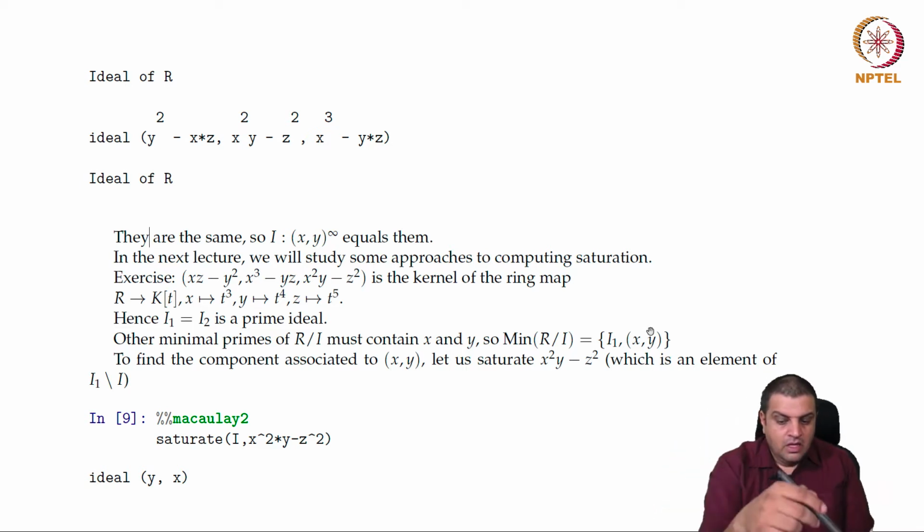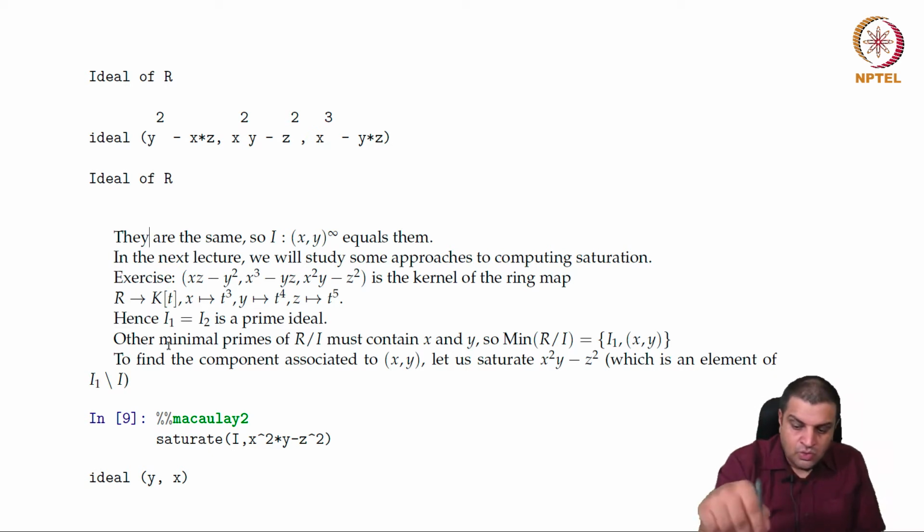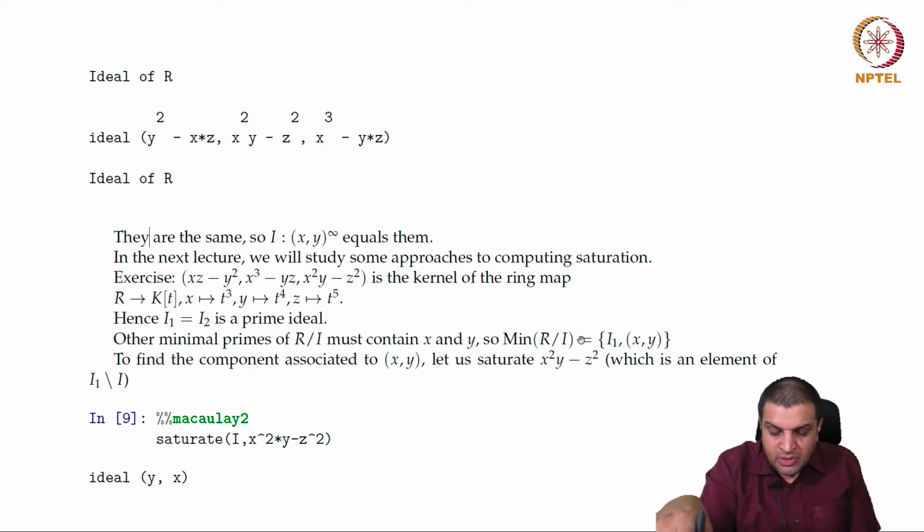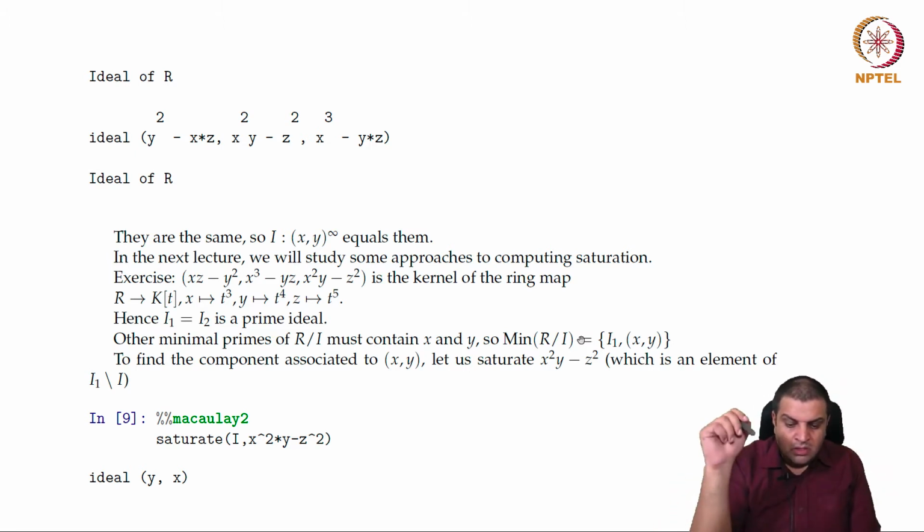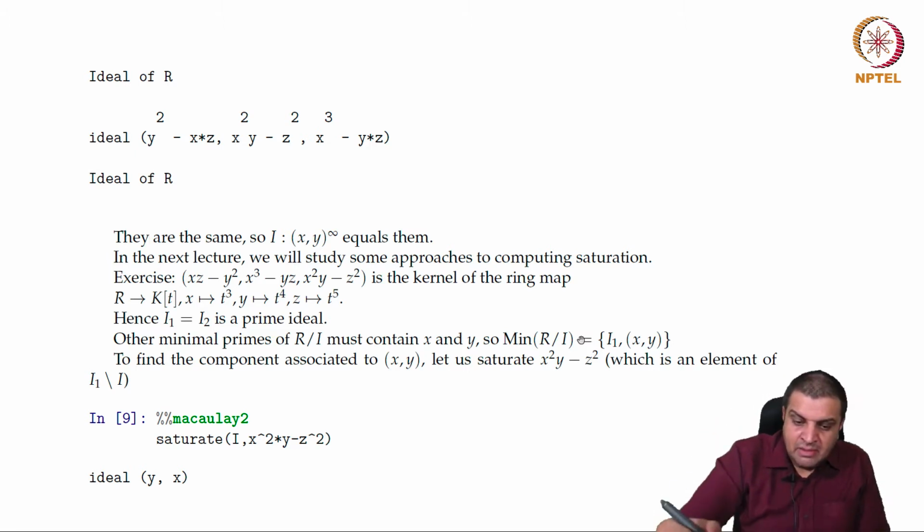Okay. So for the component corresponding to I1, it itself is the primary component. The associated prime and the primary component ideal are the same. But for the other one, let's take an element inside here.